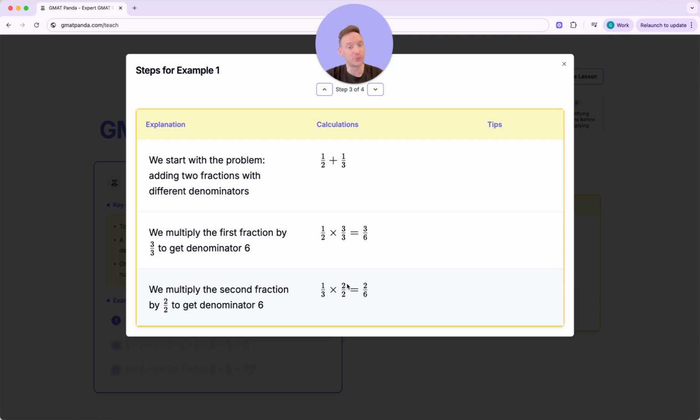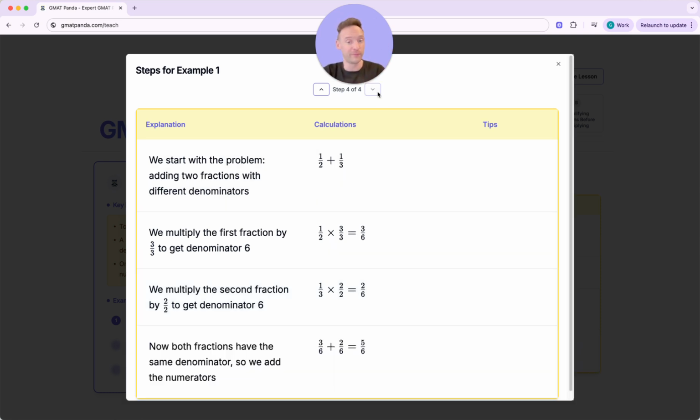And notice that 2 over 2 and 3 over 3 are both equivalent to 1. So with both of these fractions, we're multiplying them by 1, so we're not changing the value, we're just changing the form. And now that they're both over 6, we can add them together easily.